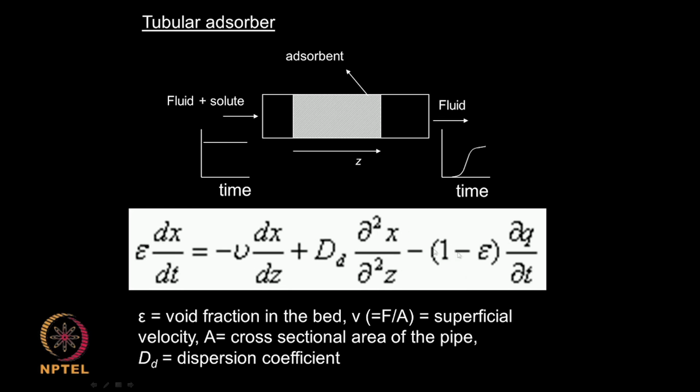This is a partial differential equation where we have time, and Z is the distance along the length. So the concentration of the solute x is a function of time as well as a function of z.